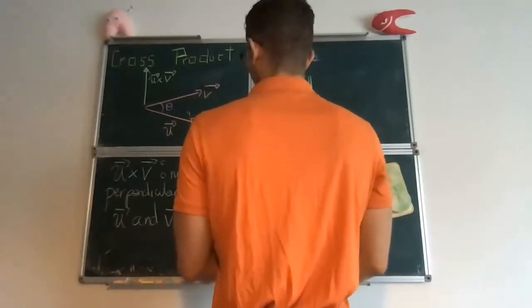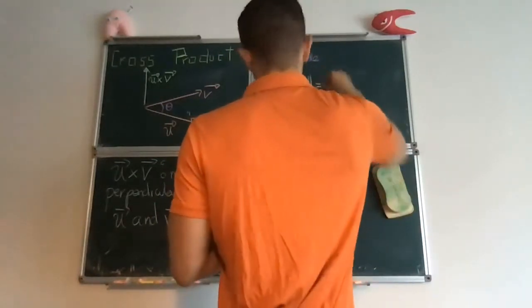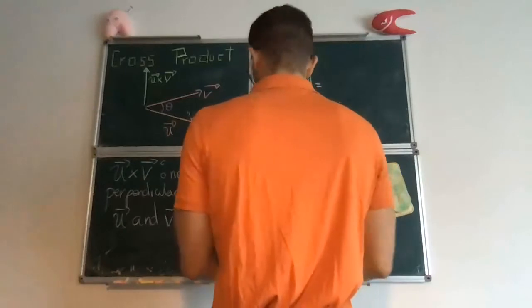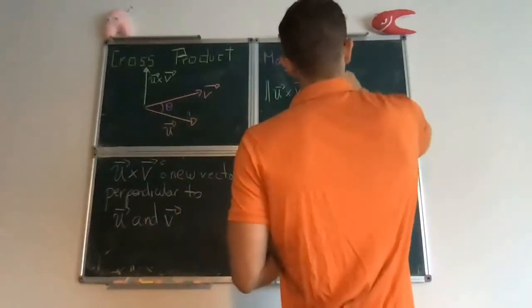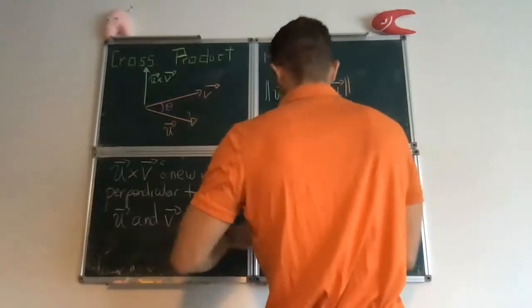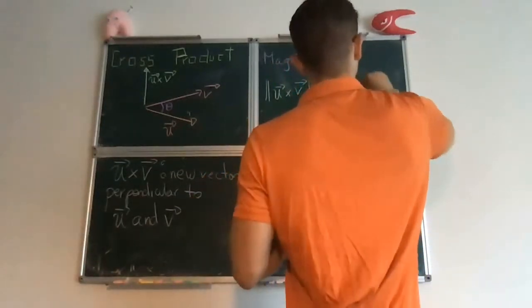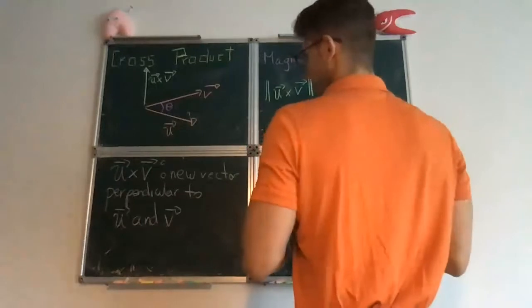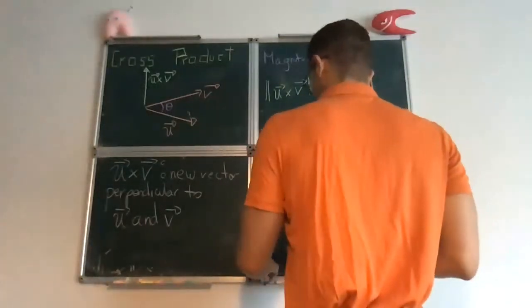So the norm of this vector u cross v is going to be the norm of u times the norm of v times the sine of the angle between the vectors.